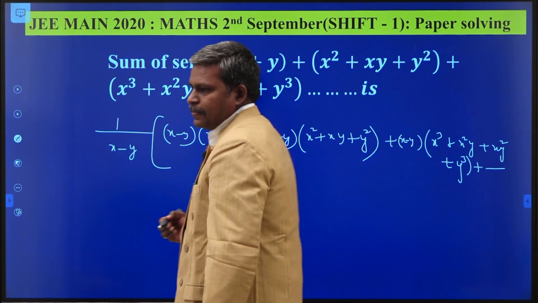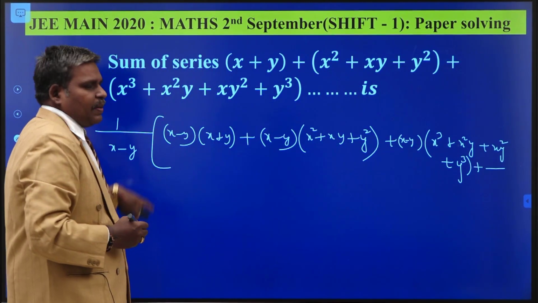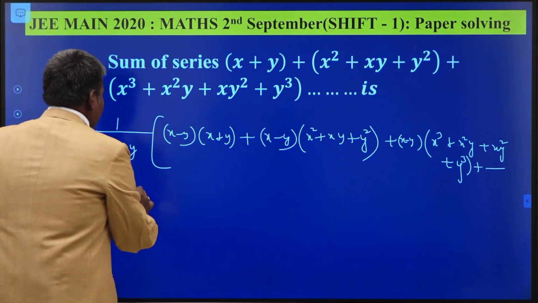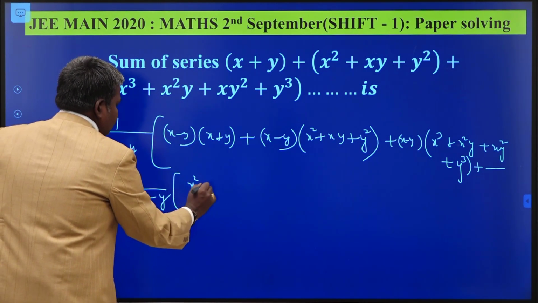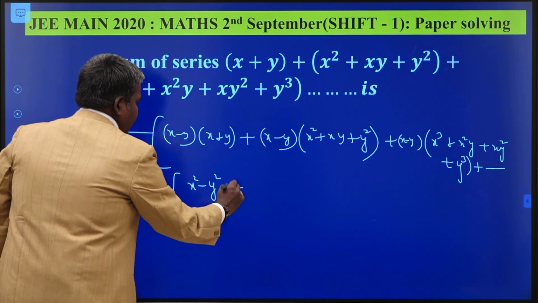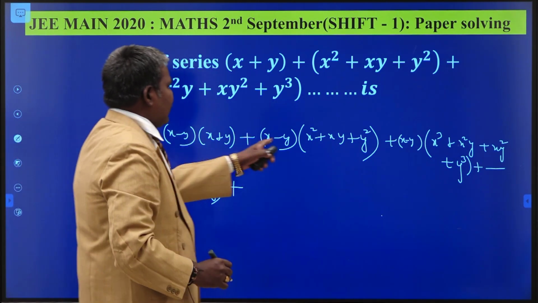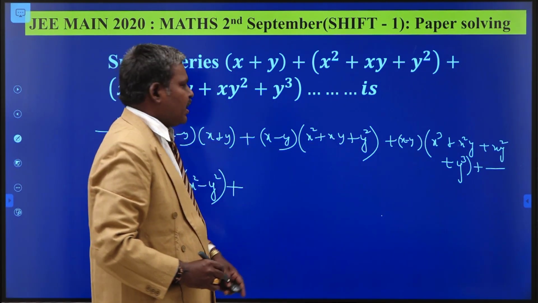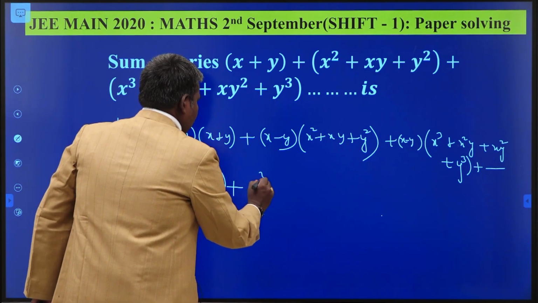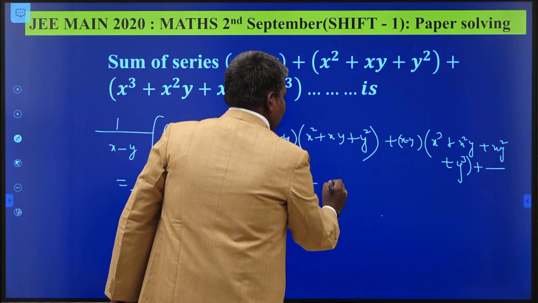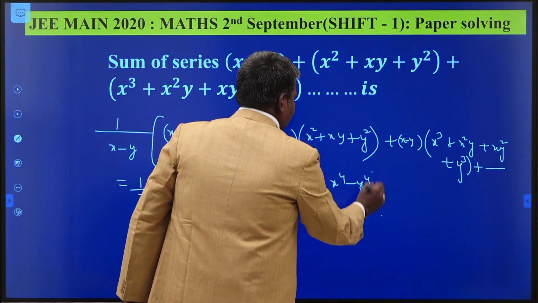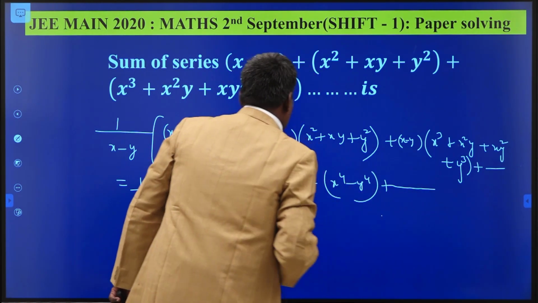What is the value here? This is nothing but 1/(x − y) into (x² − y²) plus (x³ − y³) plus (x⁴ − y⁴) and so on.